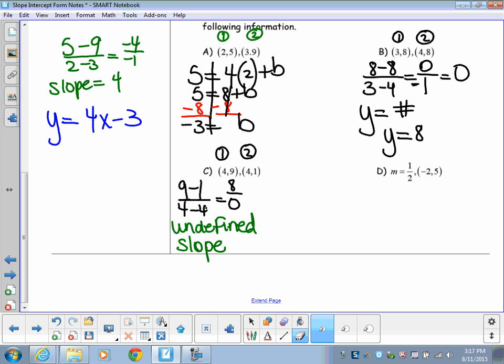Okay, that is a special case. It's a vertical line and it has an undefined slope.